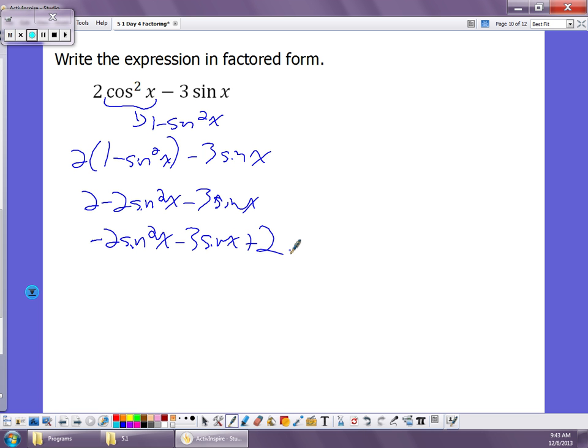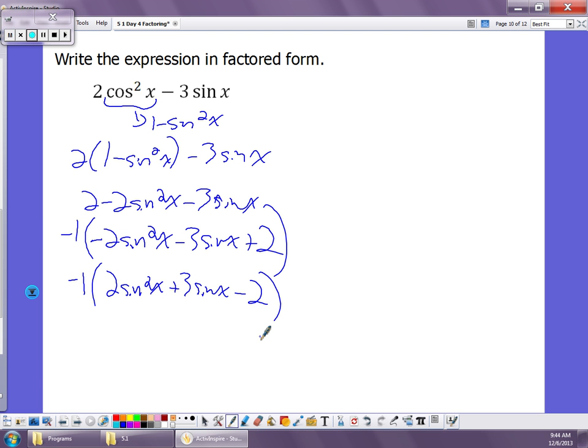If I was solving this problem, the first thing I would do is just factor out a negative 1, because I don't like to have my first term as a negative. So I'd have negative 1, 2 sine squared x plus 3 sine x minus 2.